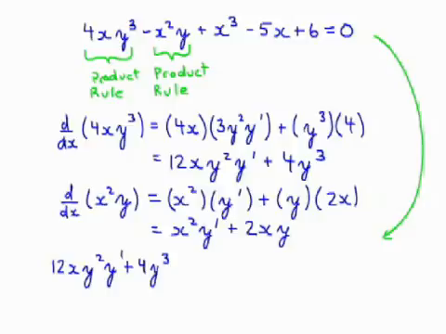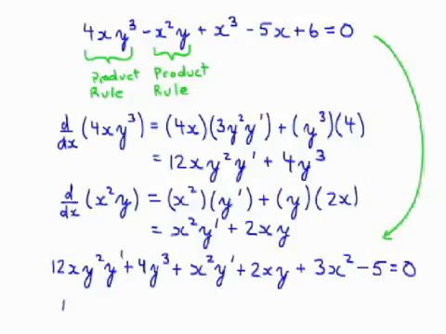I add to that x squared y prime plus 2xy. That was my derivative of x squared y with respect to x. I add to that 3x squared, which is the derivative of x cubed with respect to x. Subtract 5, which is the derivative of 5x with respect to x.